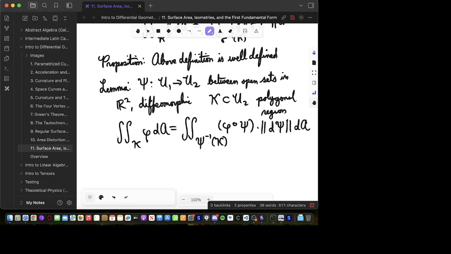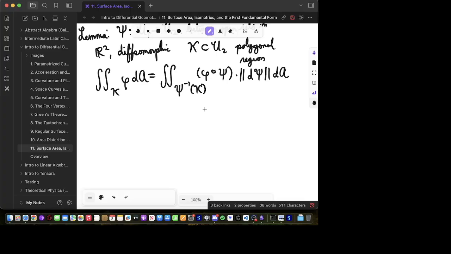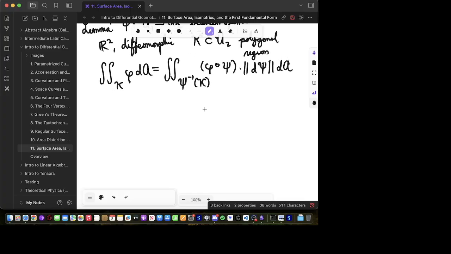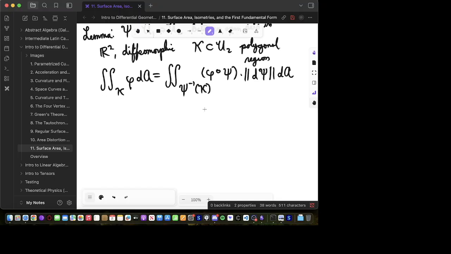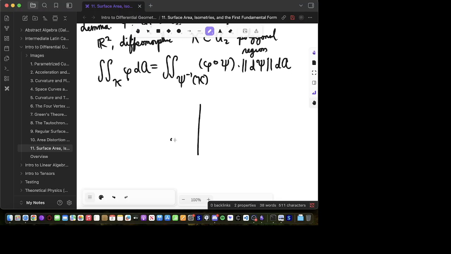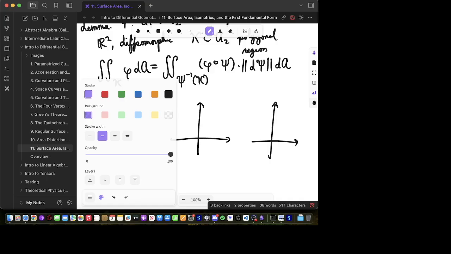Now, this might not look very familiar. This might look rather scary, in fact, but what we're trying to say is basically the following. Let's say we have a polygonal region.